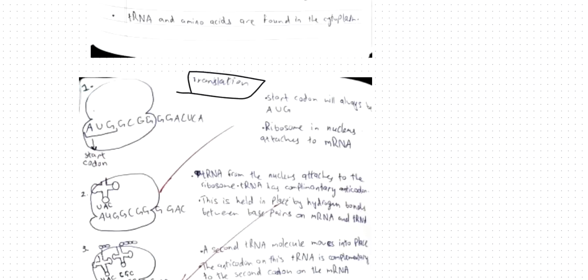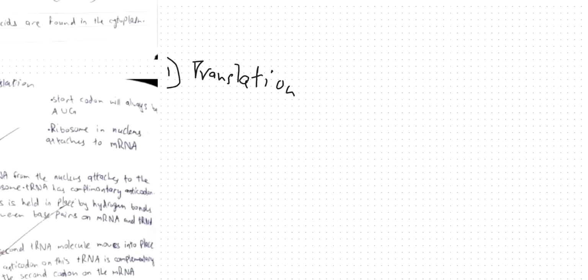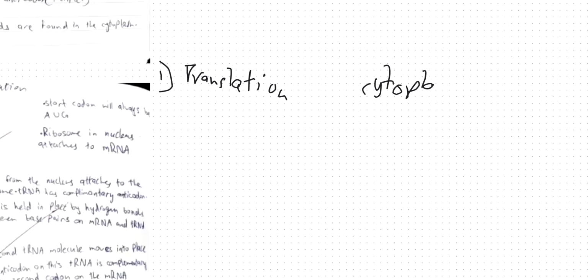So a few things to note. First is that translation happens in the cytoplasm. And second, you have two RNAs involved, the mRNA as well as the tRNA.